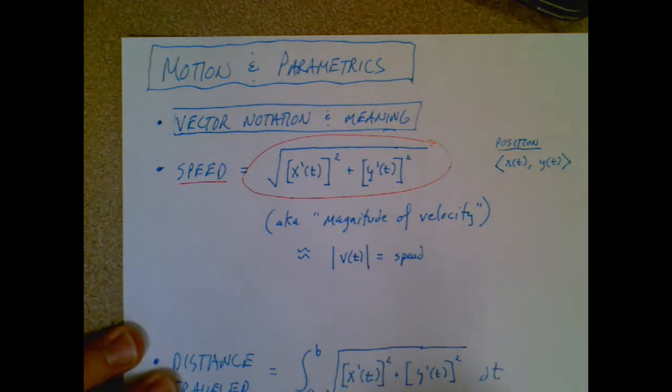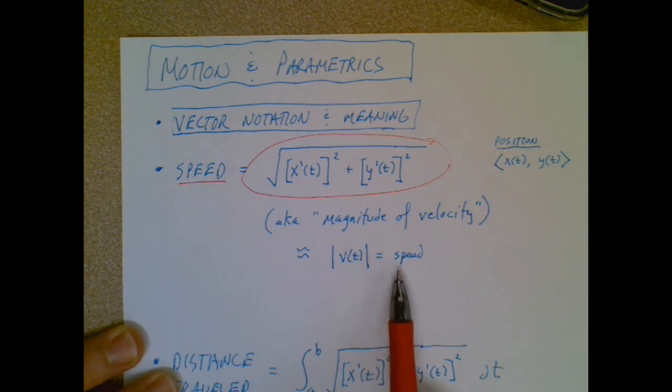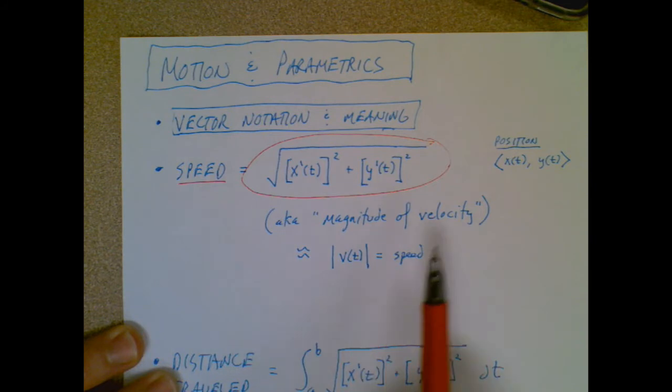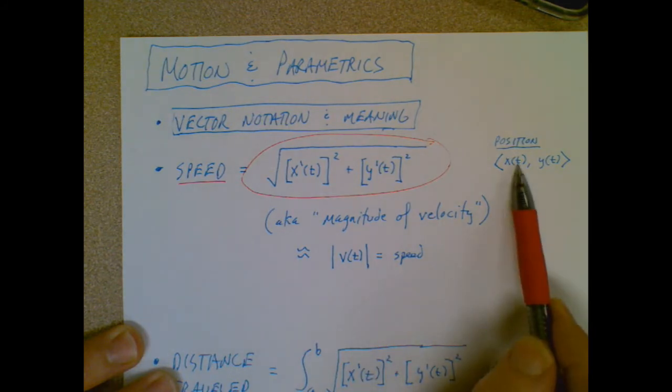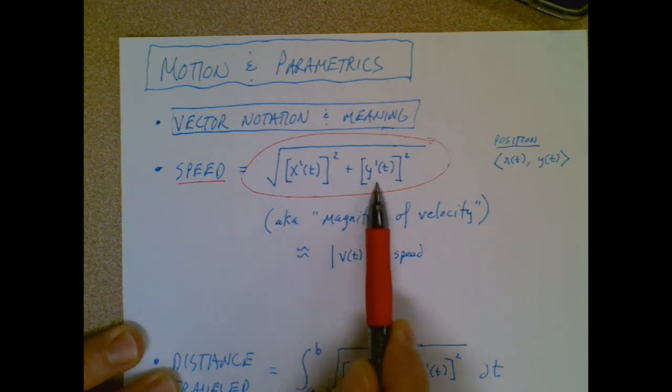It's deeper logic than what I'm about to tell you, but let's just think of it this way. If we were in the regular old equations before you knew anything about parametrics, speed was the absolute value of velocity. Well, the derivative of position is velocity, so you can tell that's a velocity component, and that's a velocity component.